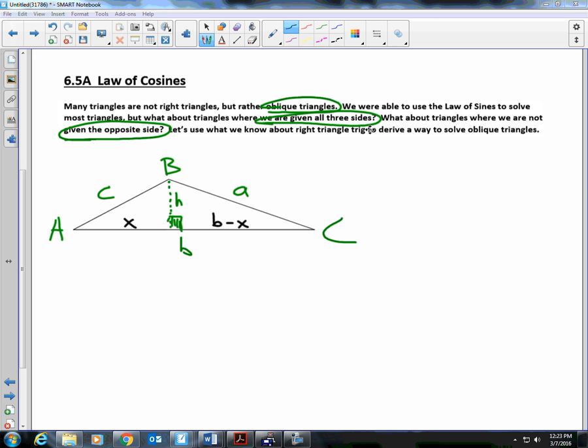So I'm going to write two expressions now. The first one is x squared plus h squared is equal to c squared.